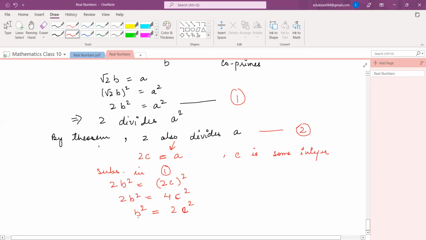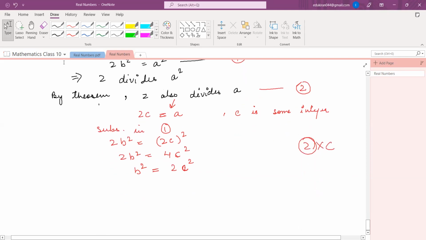Clear, Shri Harsha? Okay, so it is 2 into something. So obviously 2 is one of the factors. Okay. So I can write that this implies that 2 divides b square. And by theorem, 2 also divides b.